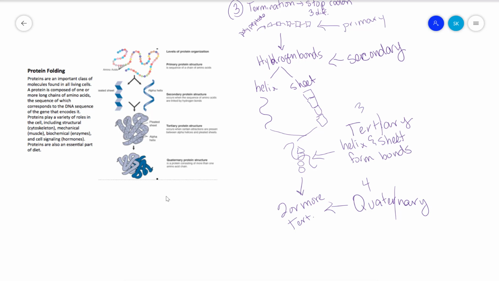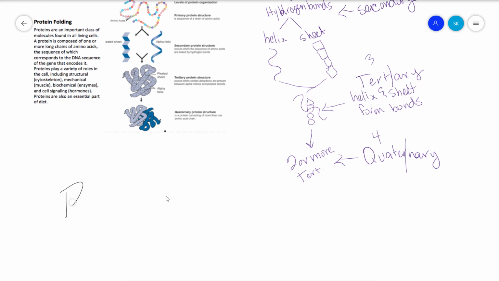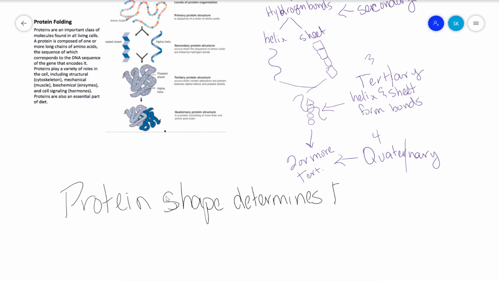The important and the biggest thing that you should get out of all of this is a protein shape determines protein function.